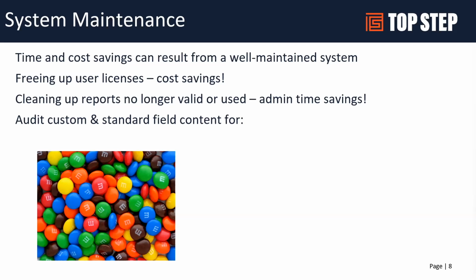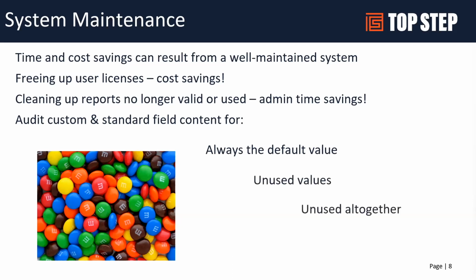Custom and standard fields, for example, and this is very much oriented towards the OpenAir and NetSuite side of the tools, but for whatever purposes are, those custom and standard fields that you build throughout the system, which ones are always the default value, which ones have unused values, which ones are unused altogether.